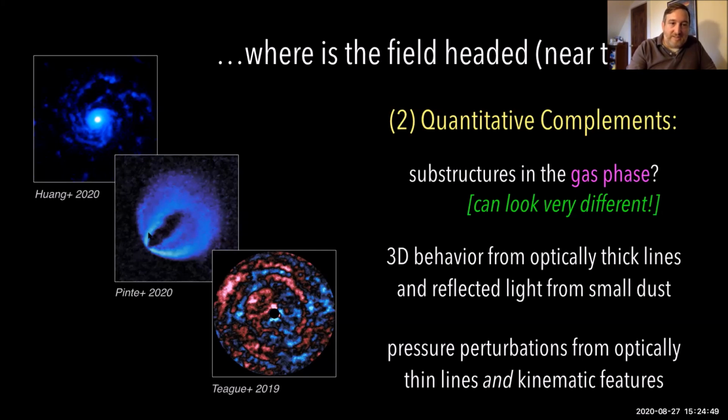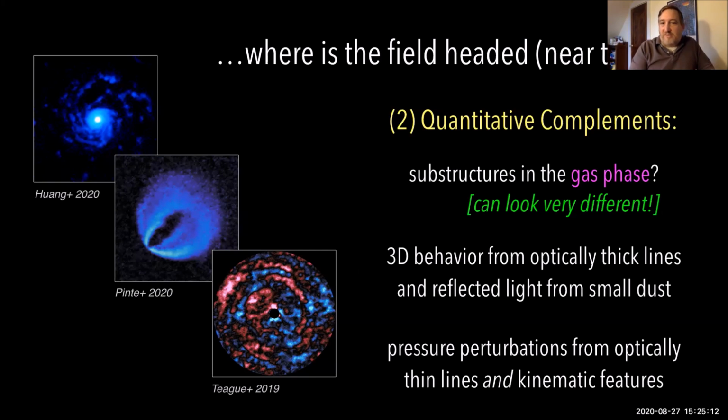If you look in detail at the kinematics, here's a channel map of CO from one of these disks, and you see this perturbation right here that's associated with the gap in the dust, right? So you can look for kinematic perturbations. And this is a study by Richard Teague where he sees not only kinematic perturbations, but brightness temperature perturbations that look sort of spiralish in nature, right?